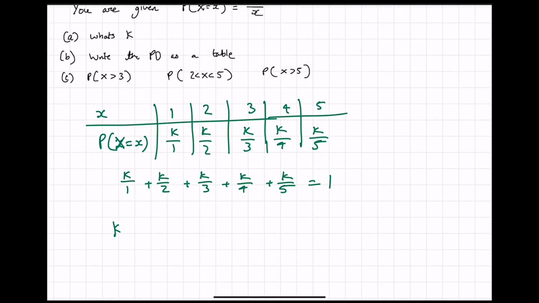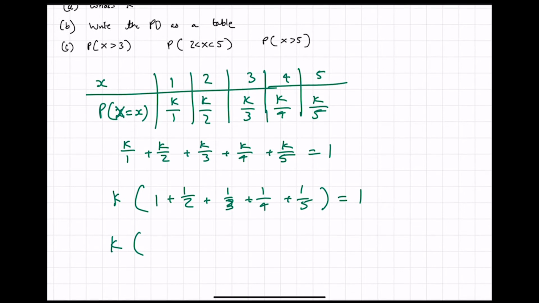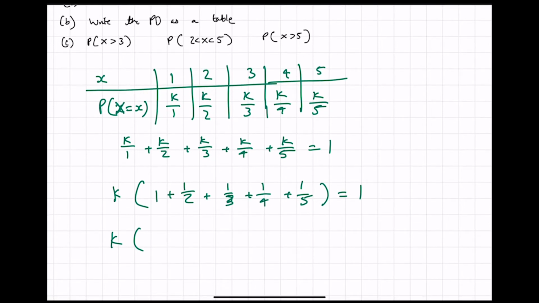I just take the k out as a factor, and then I have 1 over 1, which gives me a grand total of 1, plus a half, plus 1/3, plus a quarter, plus a fifth, and that equals 1. So now I just need to add up all of these, which means I need to find the common denominator, unfortunately. Taking a look at that, I guess we could do 60.